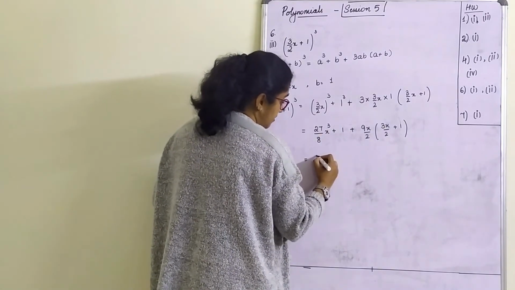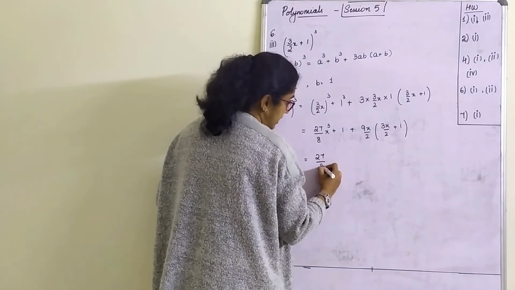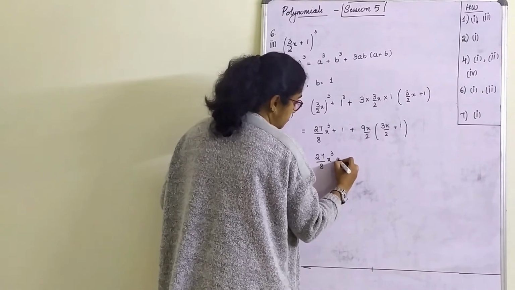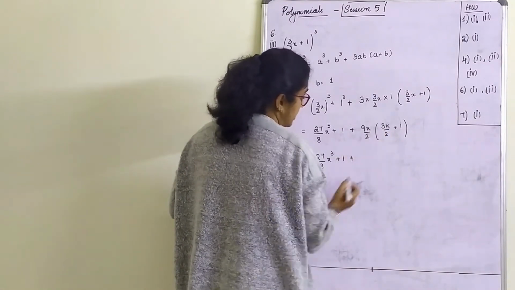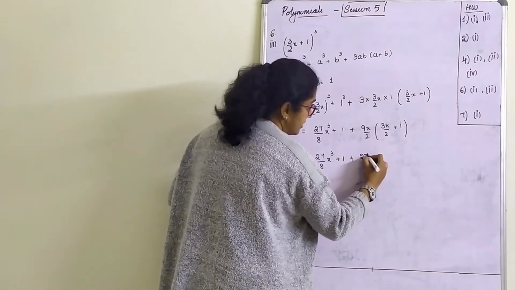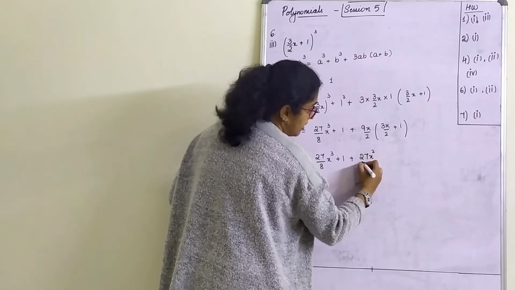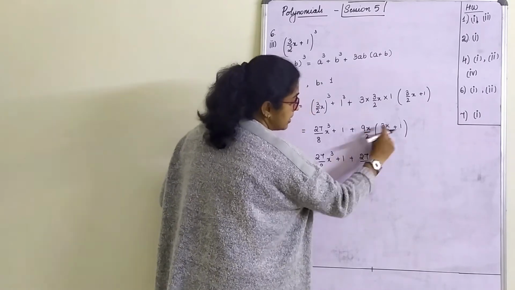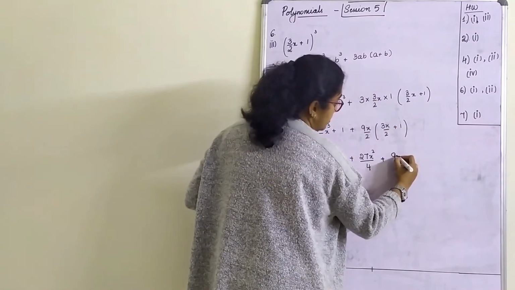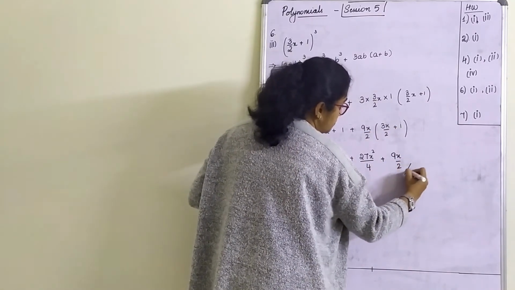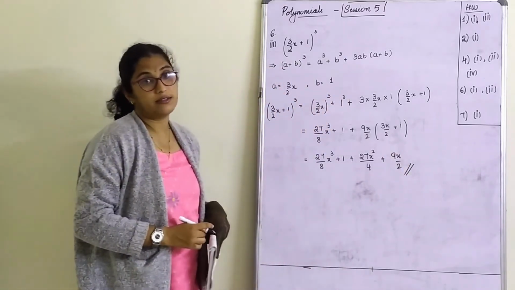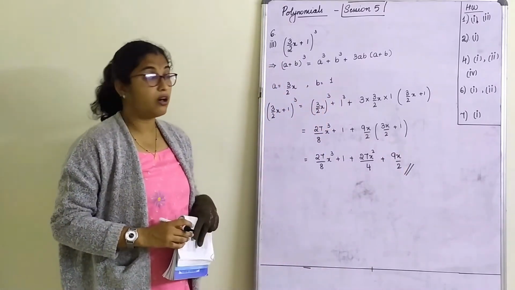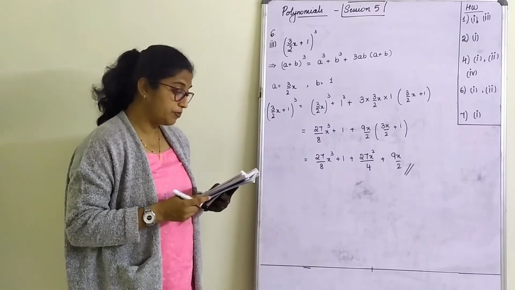Last step. 27 by 8 x cube plus 1 plus 9 3s are 27 x square, x into x square by 4 plus 9x into 1, 9x by 2. This is your answer. So this is how we have to solve for a plus b whole cube.